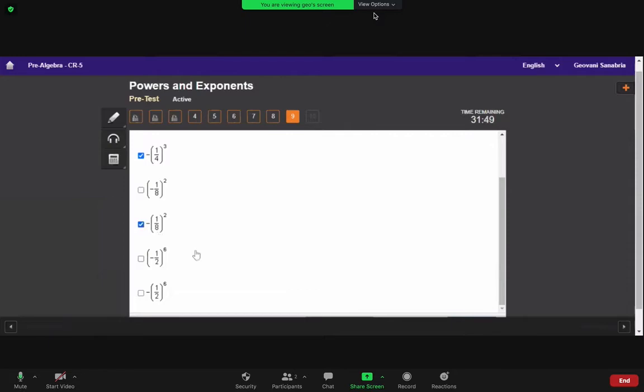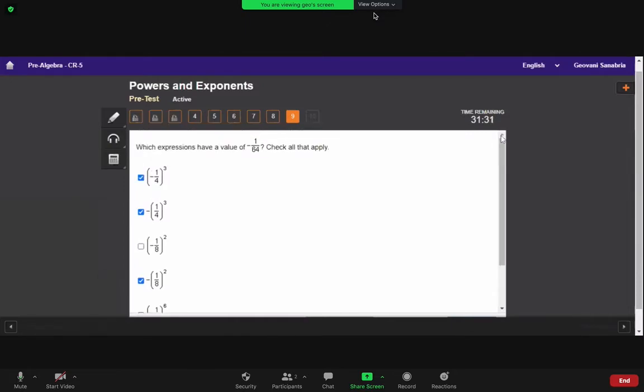Yeah, the one with the negative on the inside of the parentheses will turn out to be positive. So you're correct. Wait, can you scroll up? Oh, I think you did on mine. Yeah, you got it.